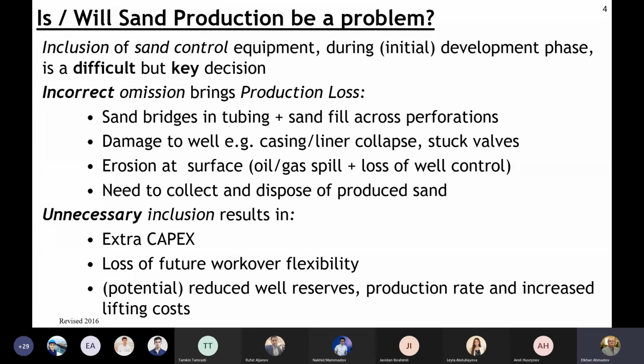It might present future workover flexibility limitations.